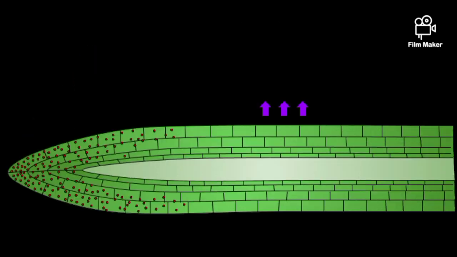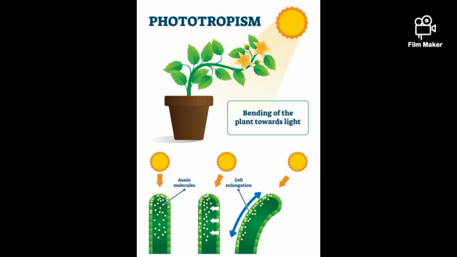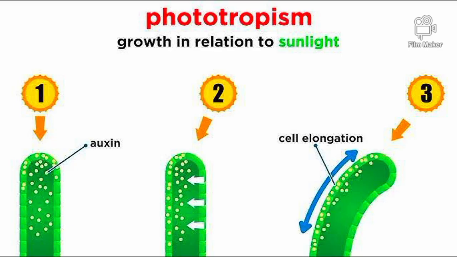I did mention earlier that auxins play an important role in regulating phototropism, which is the growth response to light direction. Here is how auxins regulate this process. When light hits one side of a plant, auxin is redistributed from the light exposed side to the shaded side of the plant.